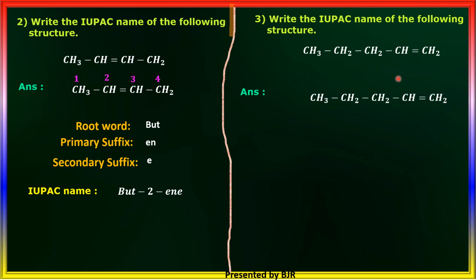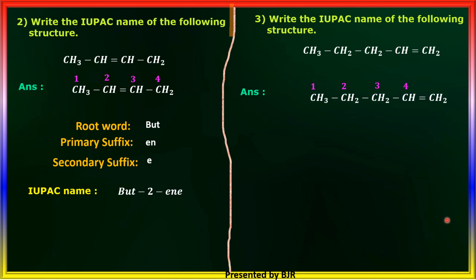This is the given structure, and after selecting the longest chain containing the double bond, we should give the numbering to the carbon atoms in the chain. Numbering can be given either from left to right or from right to left, but we have to keep one thing in mind: the locant, that is the double bond containing carbon atom, should be given the least possible number.